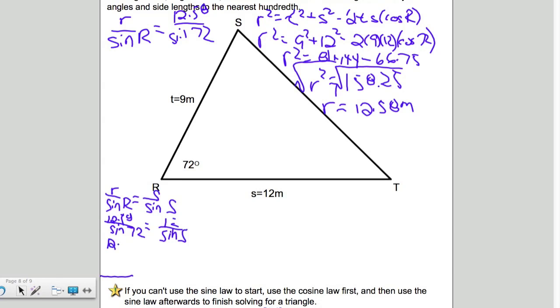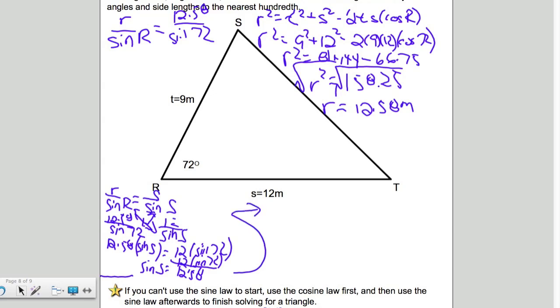So we got 12.58 times the sine of S. So we cross multiply, so that's equal to 12 times the sine of 72. So sine of S is equal to 12 times the sine of 72 over 12.58.